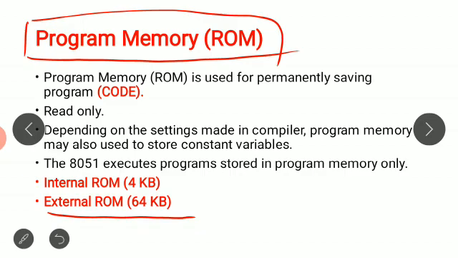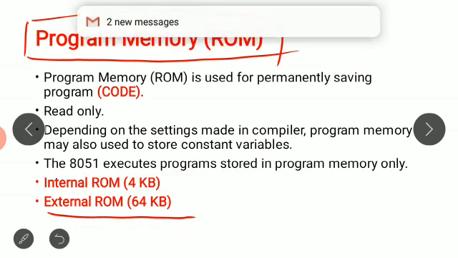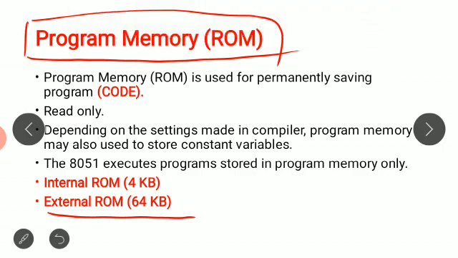So if you remember, I had told you that there are certain constants which need to be saved permanently for some applications. For example, take the case of a traffic light. There are numbers that are displayed, and after a certain interval of time the number changes.